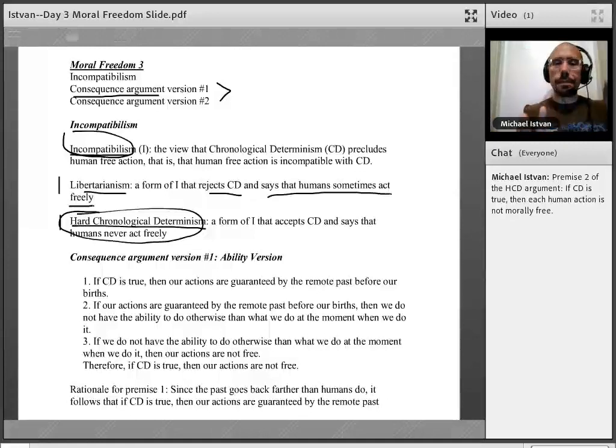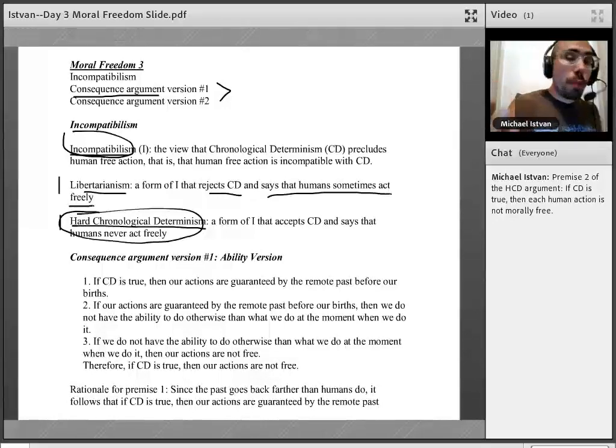Okay, I'll say that again. The basic idea of the consequence argument is this. If the past guarantees the future, if chronological determinism is true, then each of our actions is guaranteed by the remote past before we were even born.